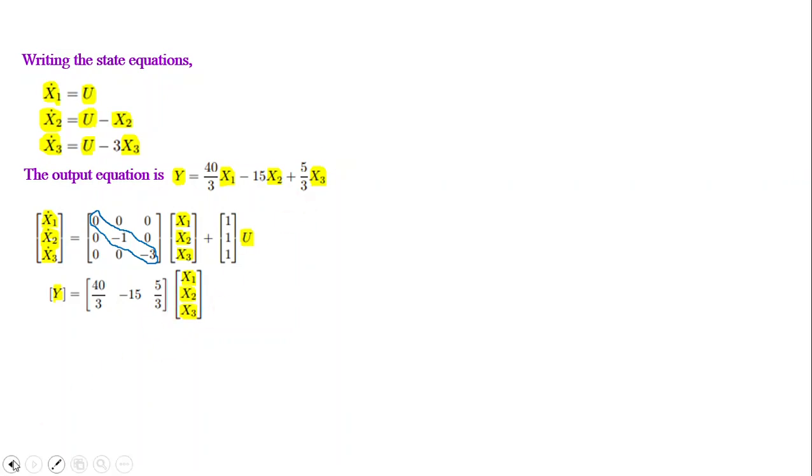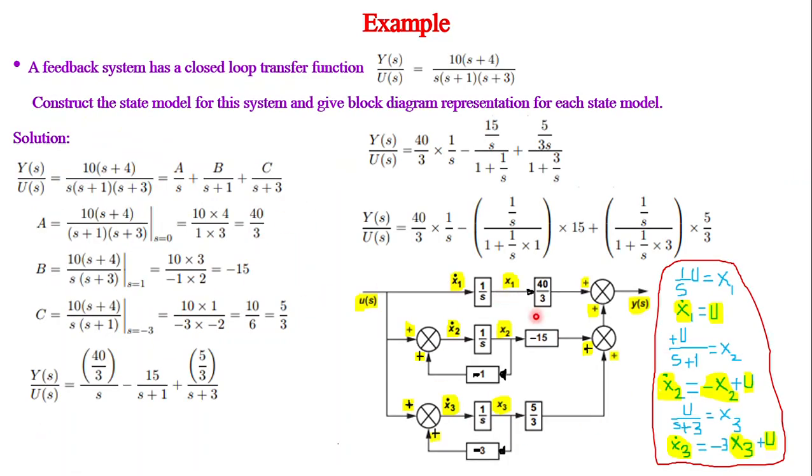We can represent this in the block diagram form in the same manner. So first you have to write x1 dot, x2 dot, x3 dot, which we have written. So x1, x2, x3 on integration. For example, x1 dot is u, so u is x1 dot, and on integration x1. x2 dot is what? Minus x2.